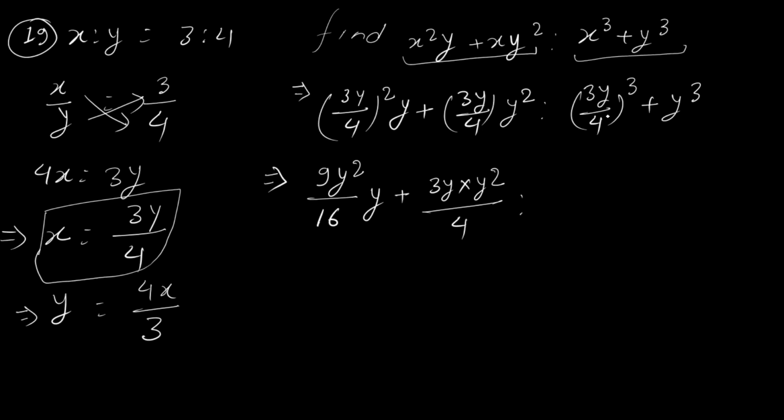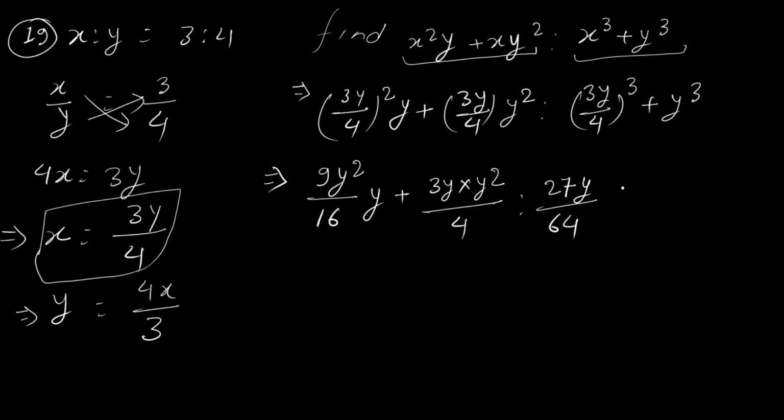This side you tell me. 3 3s are 9, 3 9s are 27. It's a cube, right? Yes, sir. 27 y divided by 4 4s are 16, 4 16s are 64. Am I right?